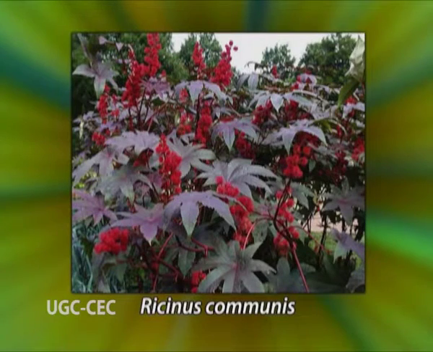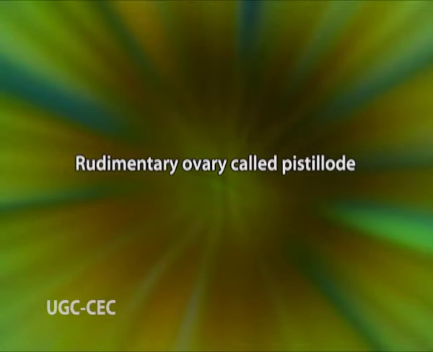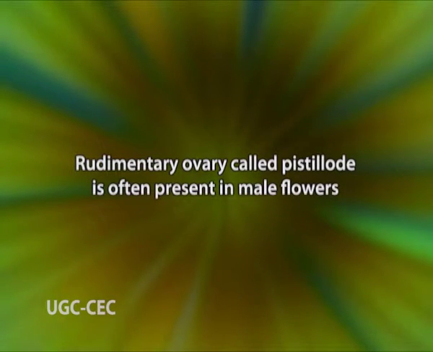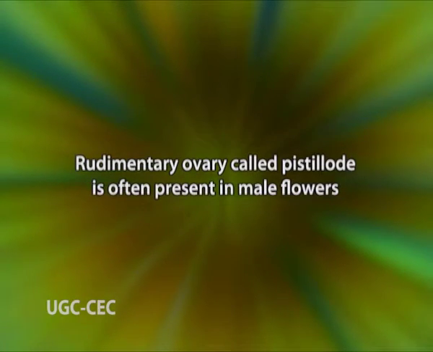They are fused into several bundles, anthers dithecous, rarely monothecous, example Ricinus. Longitudinal or poricidal or transverse in dehiscence, rudimentary ovary which is called as pistillode is often present in male flowers.